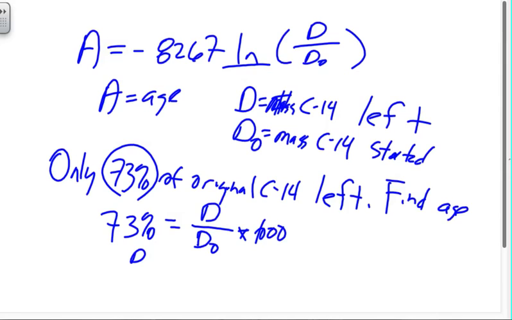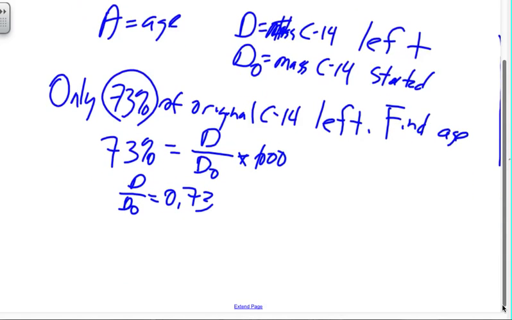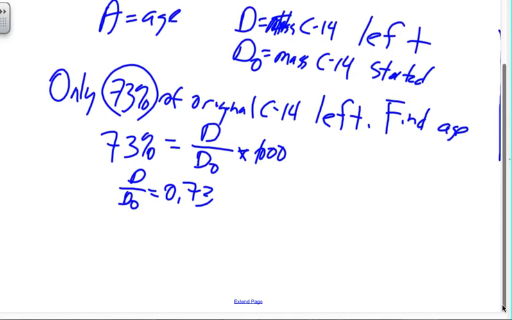So d over d0 is going to be equal to 0.73. And now you just plug this in. So we know that my age is going to be equal to negative 8267 times the natural log of 0.73.